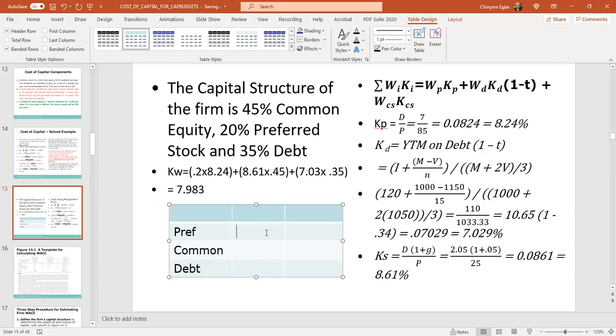And the cost of preferred is 8.24. Cost of common is 8.61.